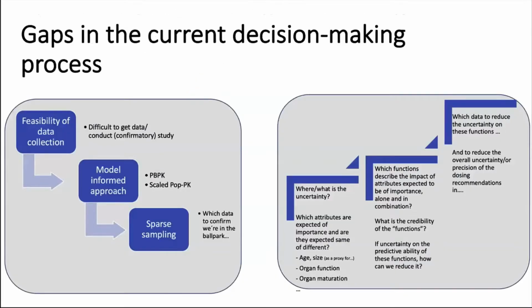There is therefore a need to move from this decision-making process that would be based on practicability, like feasibility issues, the fact that the study is not doable in the pediatric population, the fact that it is not convenient to draw intensive sampling, etc., and move from this practical data-based decision-making to a more knowledge-based decision-making.